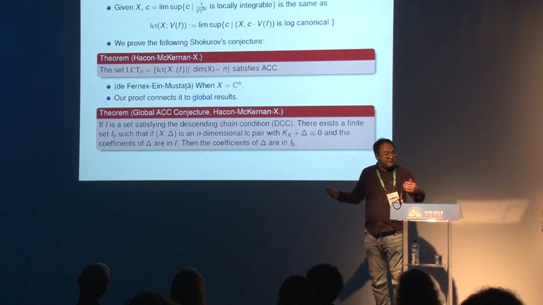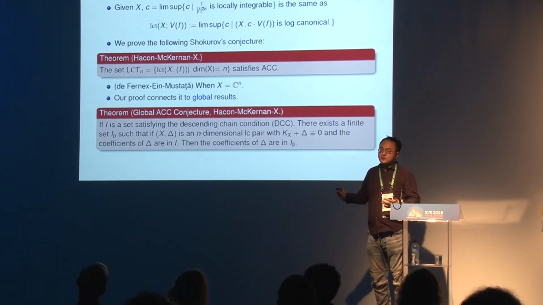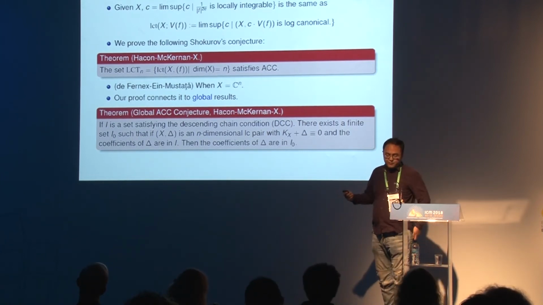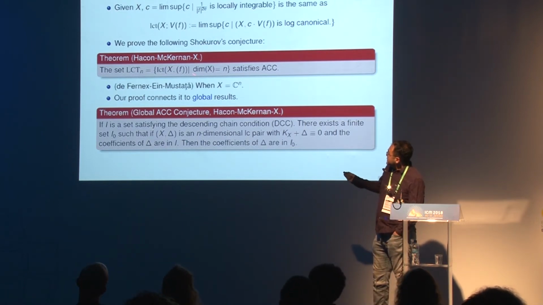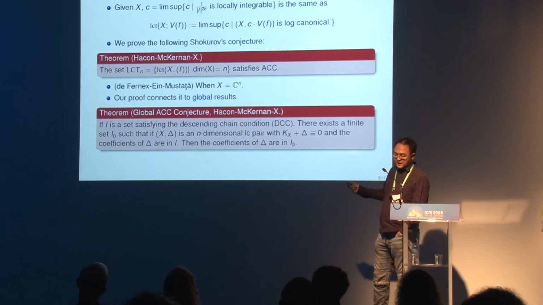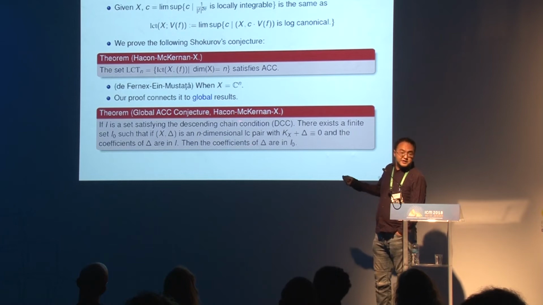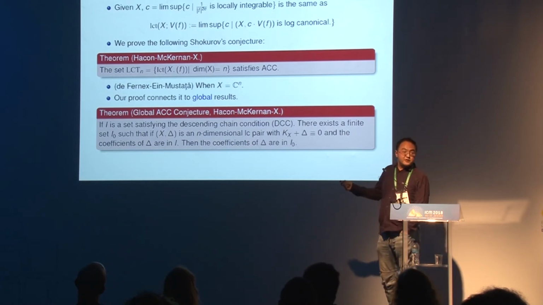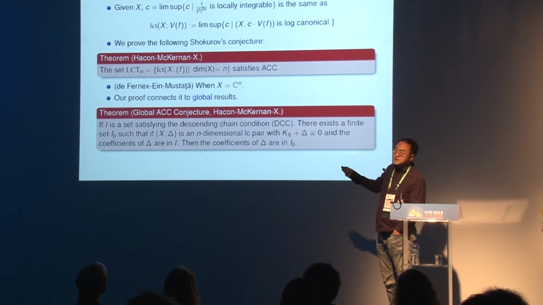So from this point on, you will say that this interaction between local geometry and global geometry plays a very deep role in both sides. What we prove is the so-called global ACC conjecture. The statement is a little bit technical, but on the next slide you will see how this global ACC conjecture implies this one.